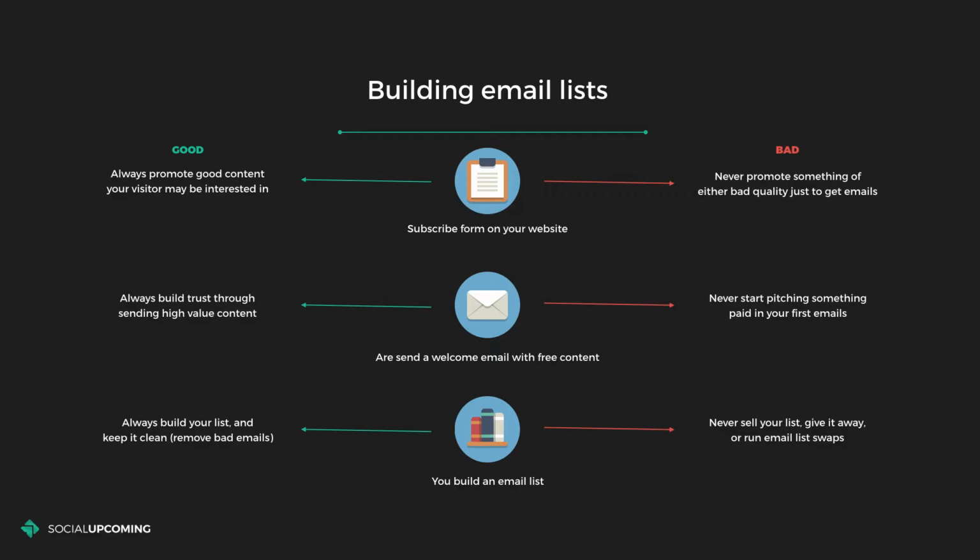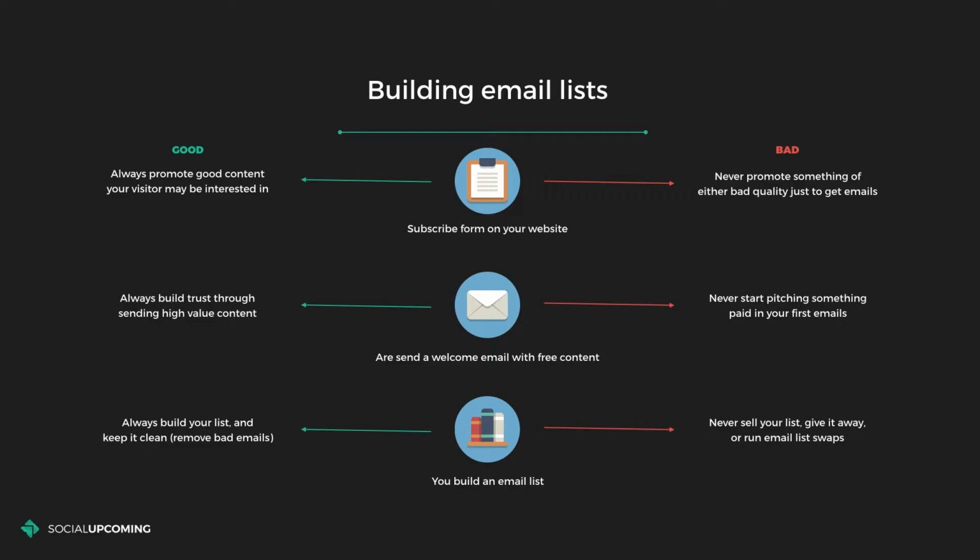The good thing to do is make sure that you always keep on building your list and keeping it clean. By keeping it clean, I mean you should use the different services that are available to keep track of your subscribers, because you can always track your open rate and the people that have opened.